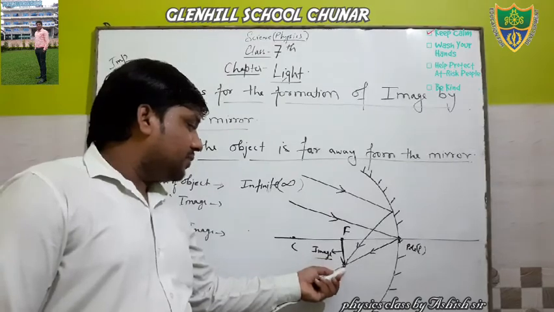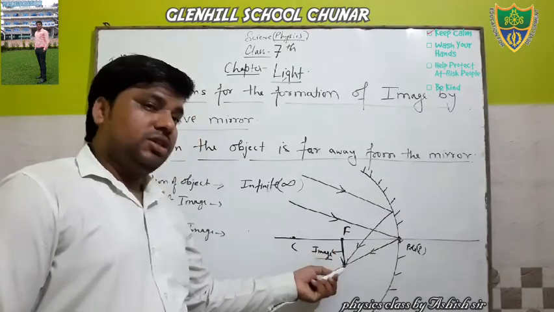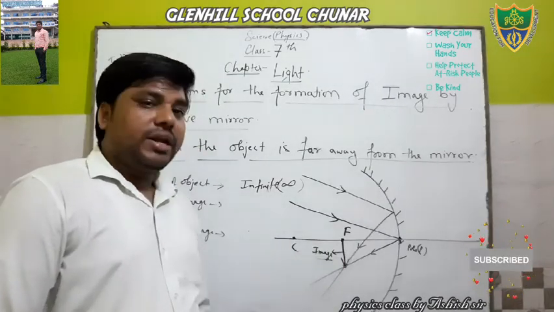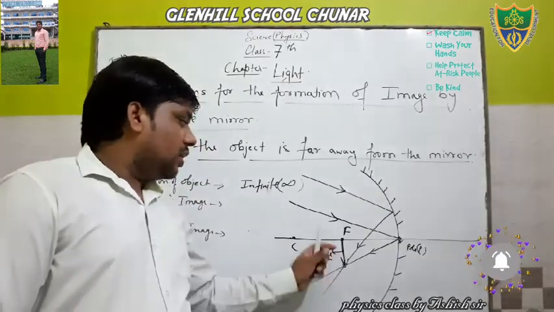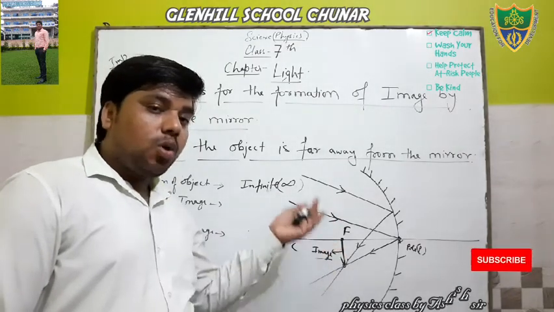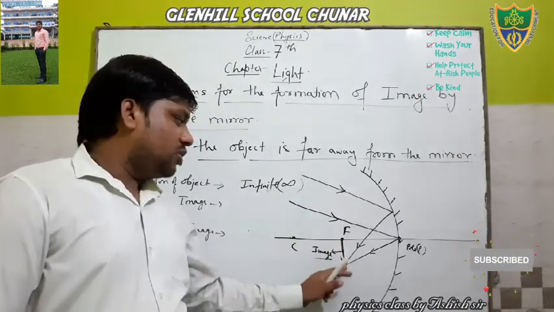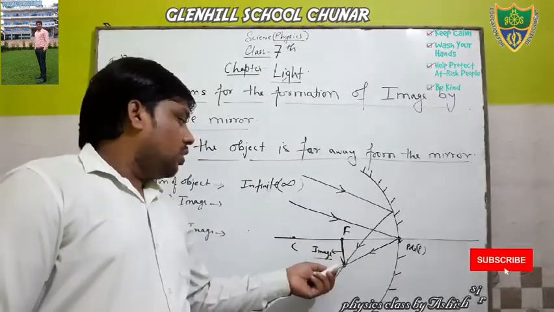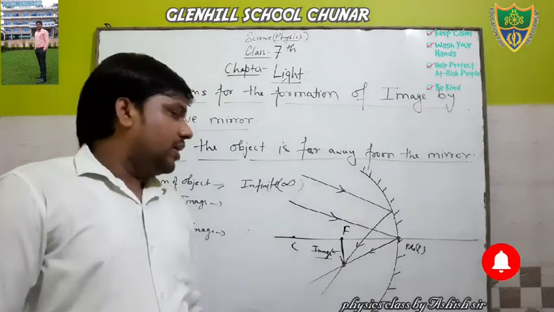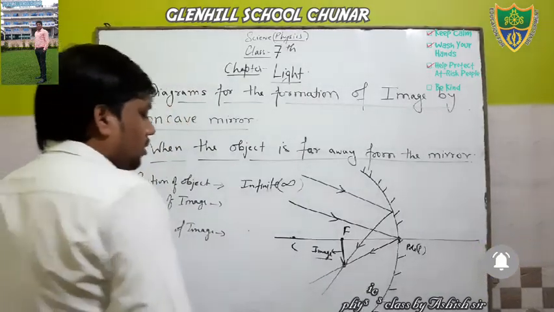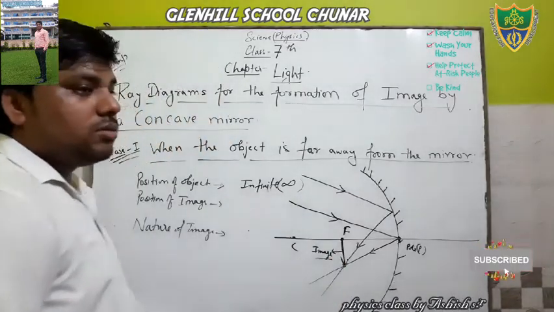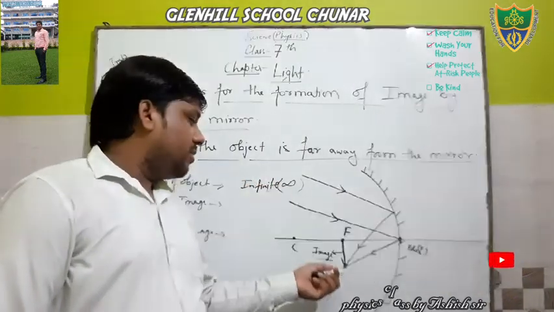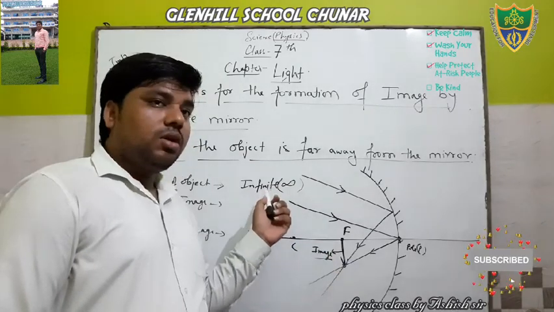In that case, the nature of image is inverted, means the image is formed upside down of the object. So the image is inverted. Okay, and the image is small because the light is coming from infinity, so image is small as compared to what?